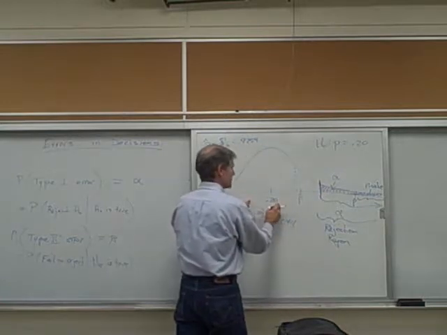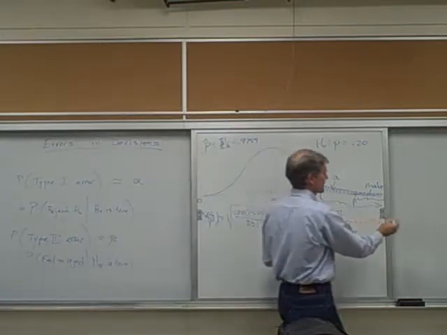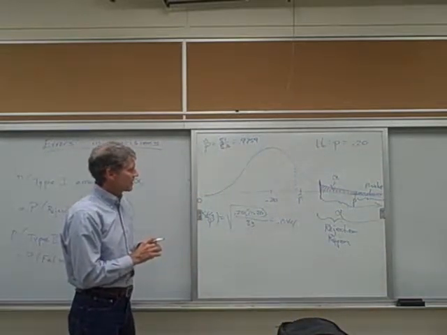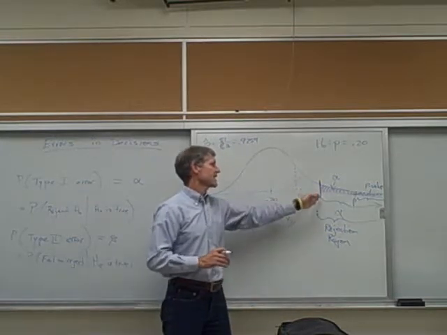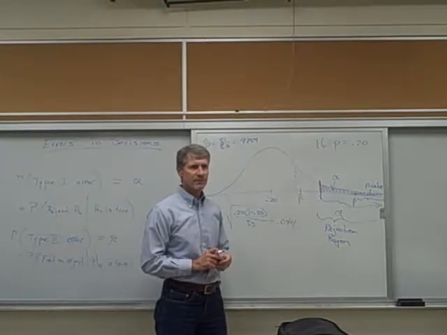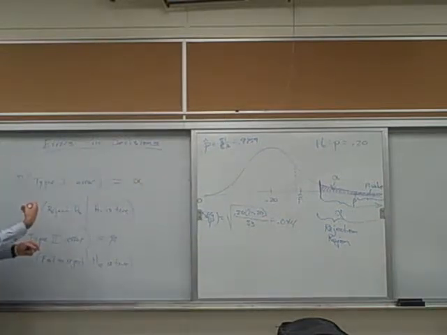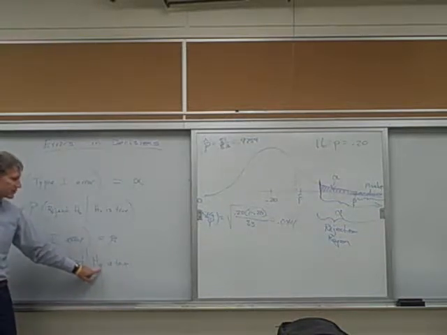This is a number line for p-hats, which goes from 0 up to 1 out there somewhere. If I fail to reject, that means I got a p-hat that's on this side of that black line. But if I want to compute the probability of being on that side of that black line, I have to do it under the condition that the alternative is true.